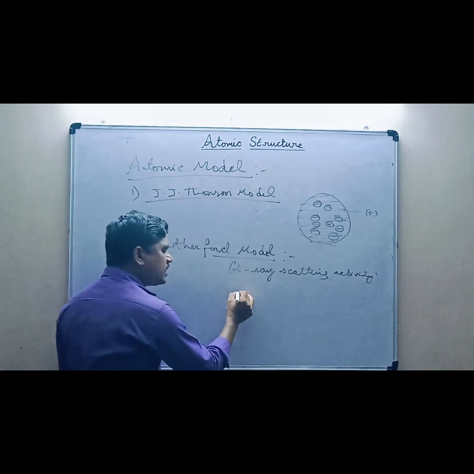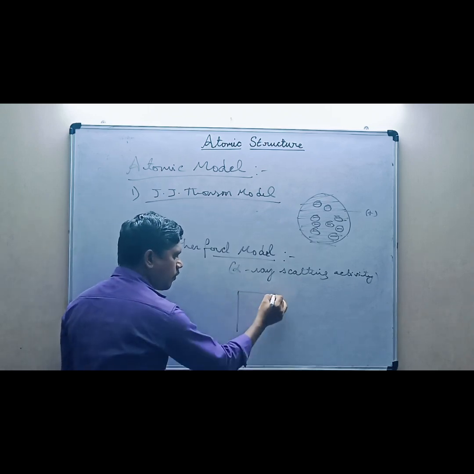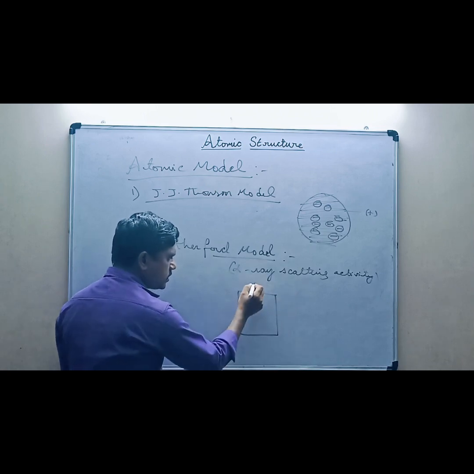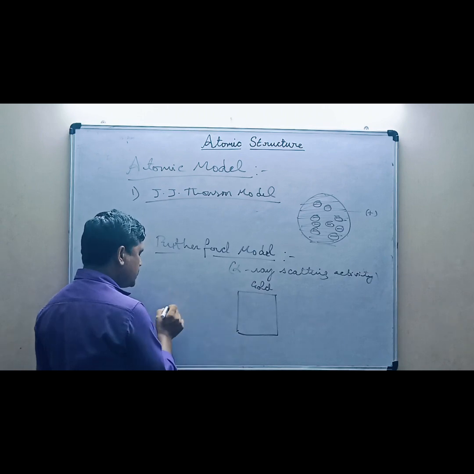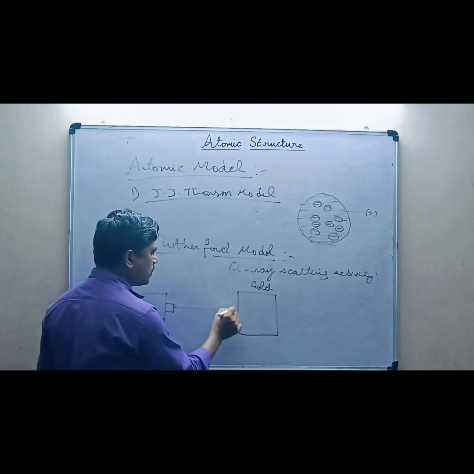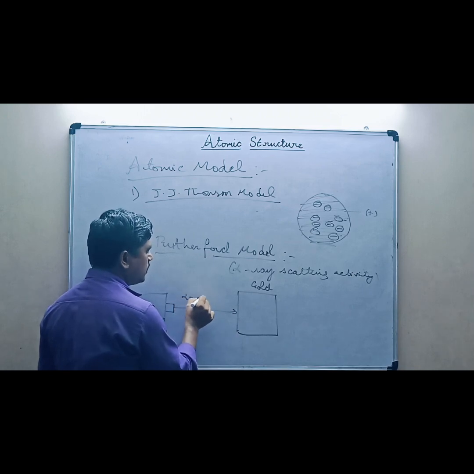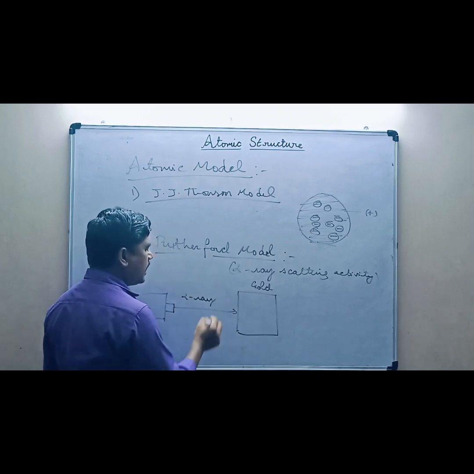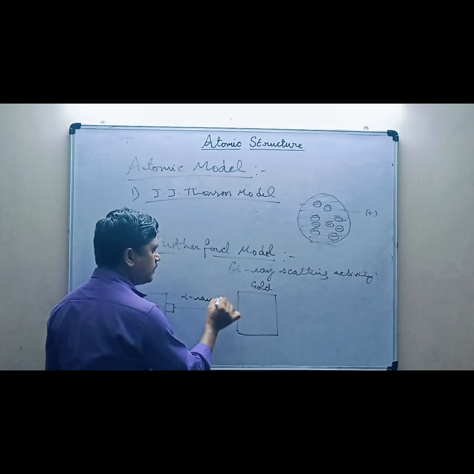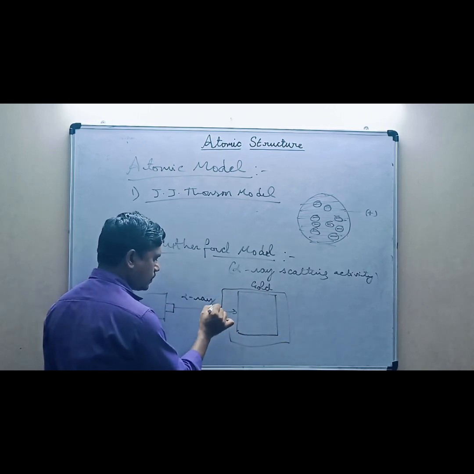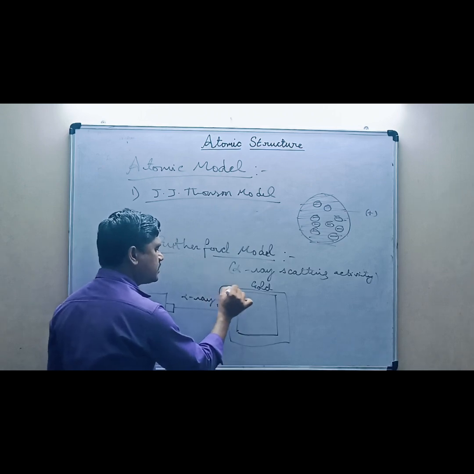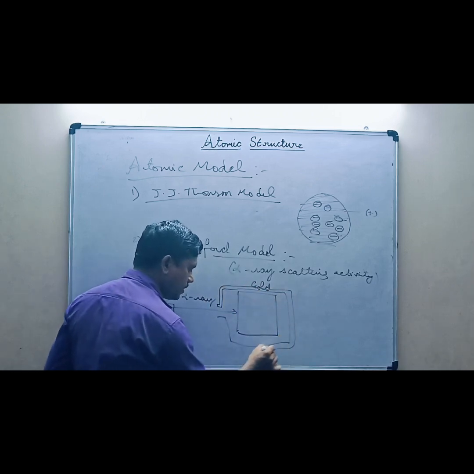He took a very thin gold foil, and this gold foil was hit with alpha rays, and a detector was kept around it to find the changes happening.